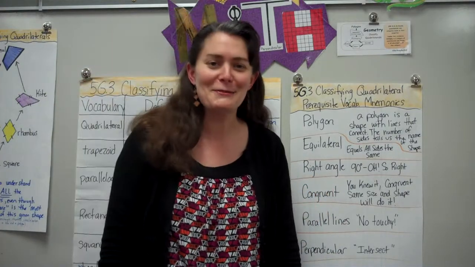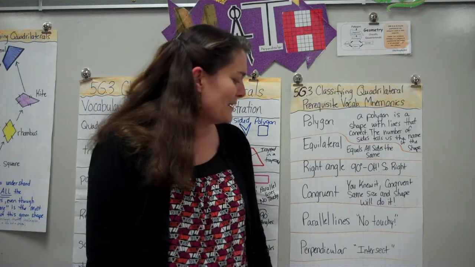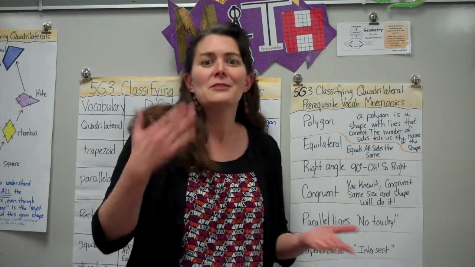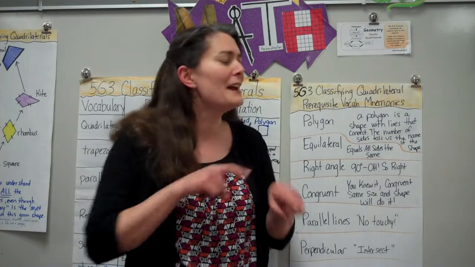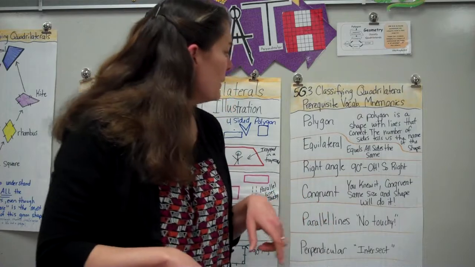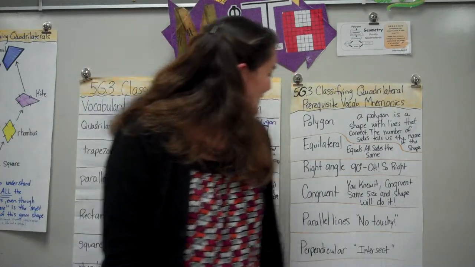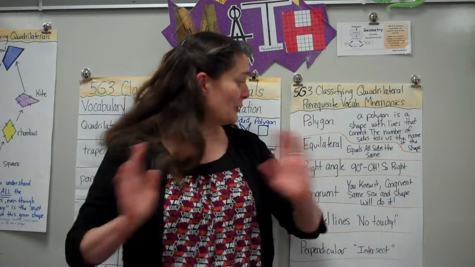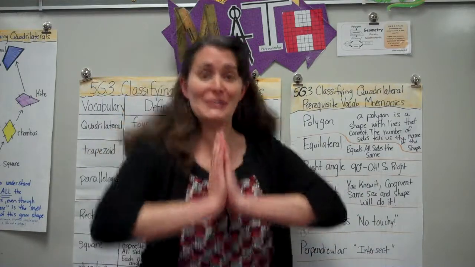Congruent. And this one I kind of made up just because it rhymed. You know how mnemonics work. If you can associate them with something else, they stick in your brain and make those neuron connectors a little bit thicker so that you can recall that information again later. So, congruent: "You knew it. Congruent, same size and shape will do it."